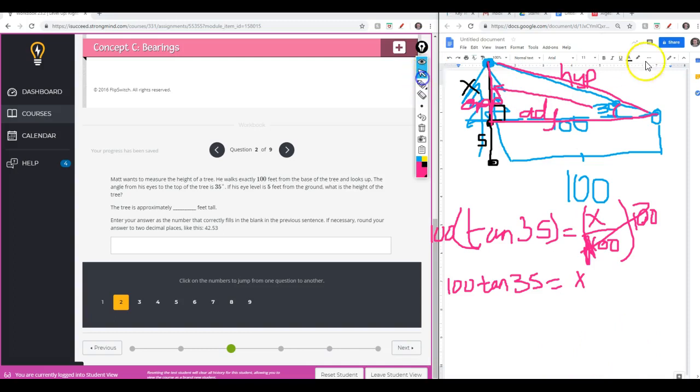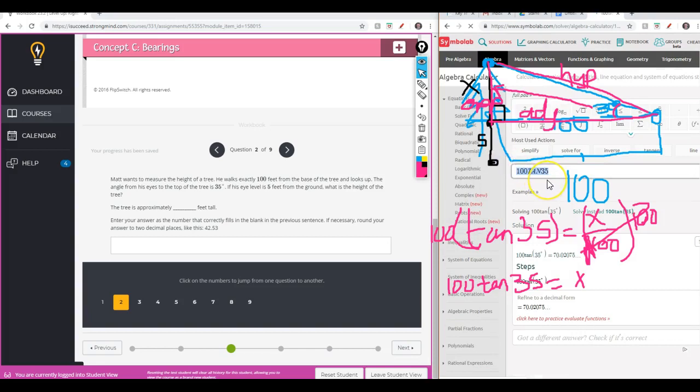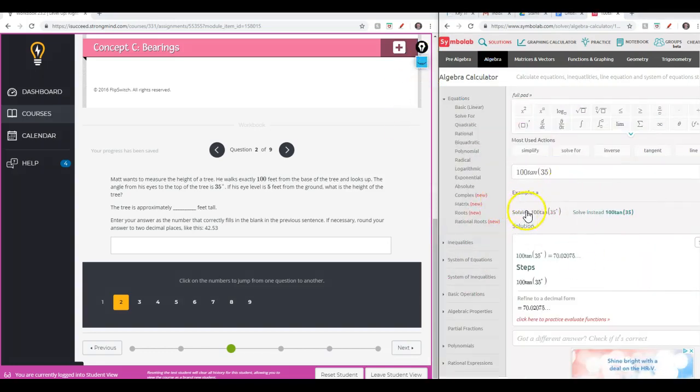So now let's jump over to our calculator. We have 100 tangent of 35 degrees. Alright, so on this it says solving 100 tangent of 35 degrees.